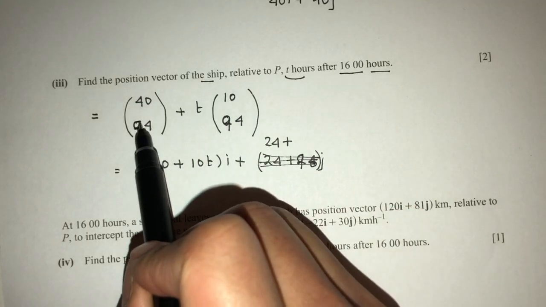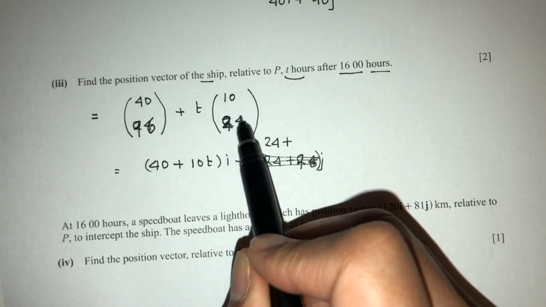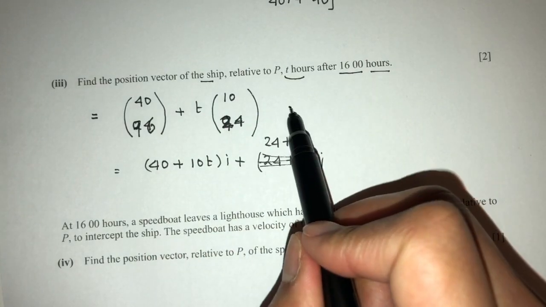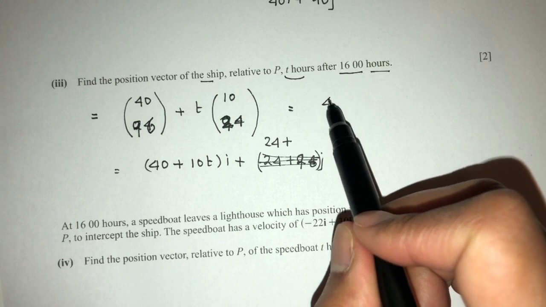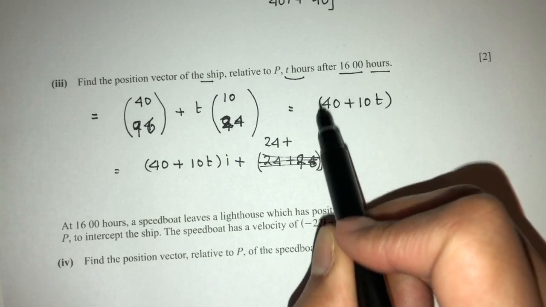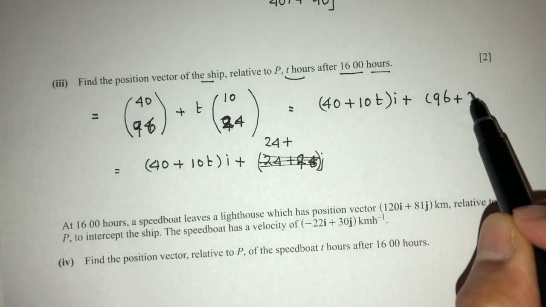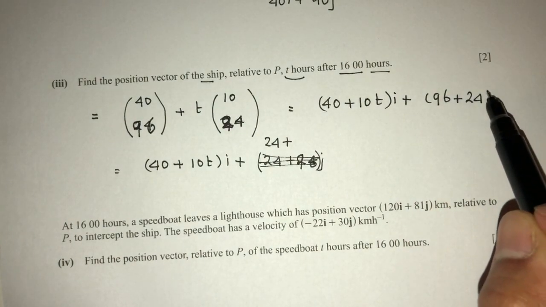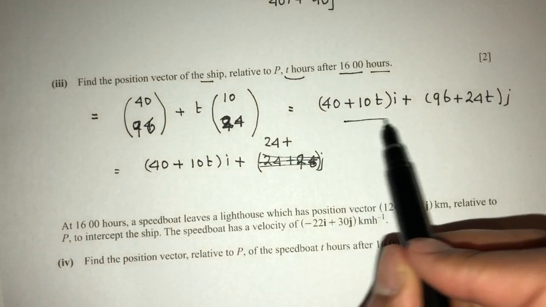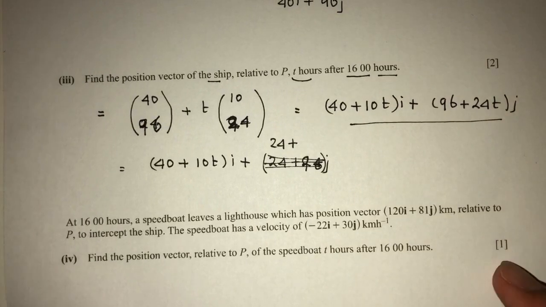The initial position is 96, and this should be 24. Sorry. So let me write this down again. It should be 40 plus 10t i plus 96 plus 24t j. So that will be the position vector t hours after 4 o'clock.